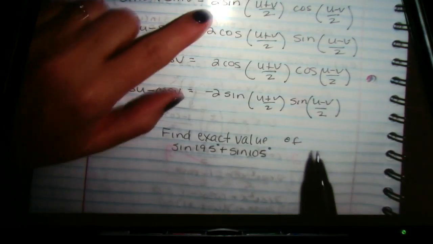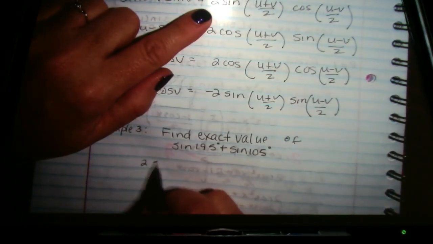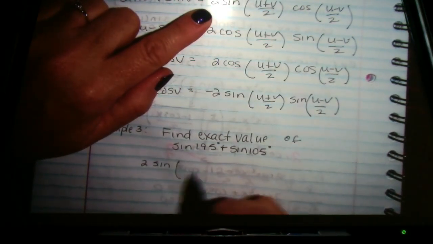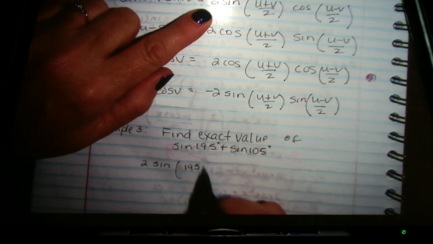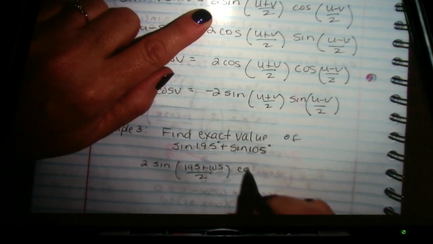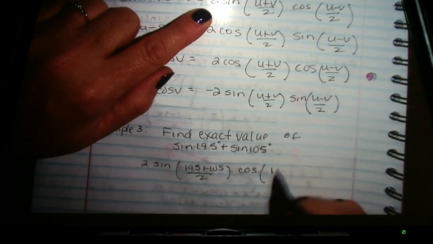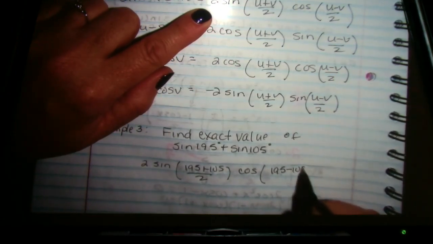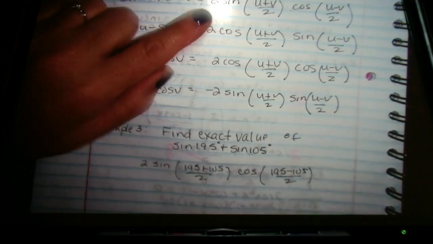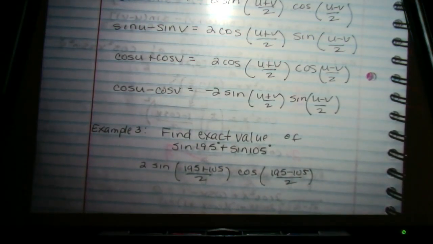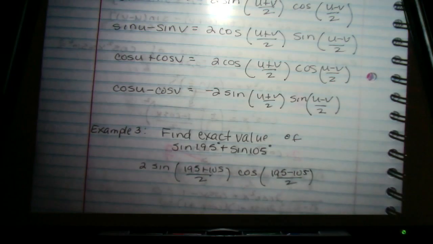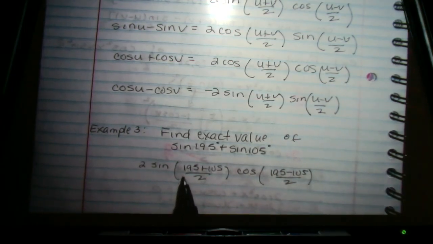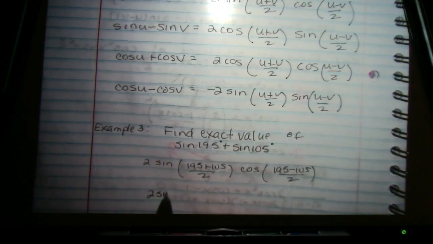So we're gonna use the first one, and it's gonna be 2 sine of 195 plus 105 divided by 2 times cosine of 195 minus 105 divided by 2. So this is 300 divided by 2, and what is that? 150.